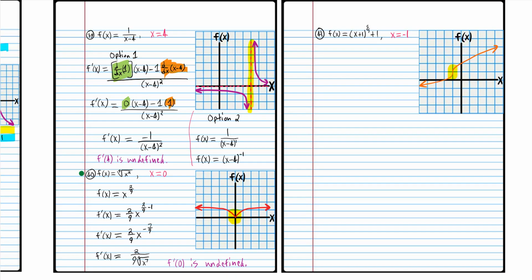So I want you to find the derivative of this function using the differentiation formulas, and then explain why when you plug in -1 into that derivative formula, you get an undefined expression. Therefore, the function is not differentiable at that x value. Try number 41. When you come back, we'll do it together.